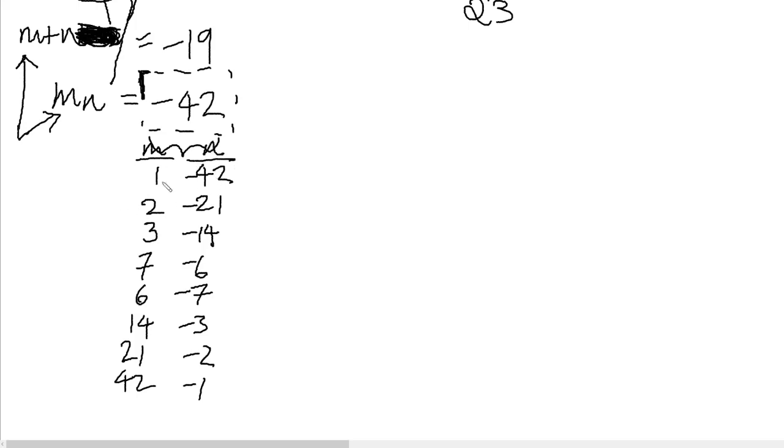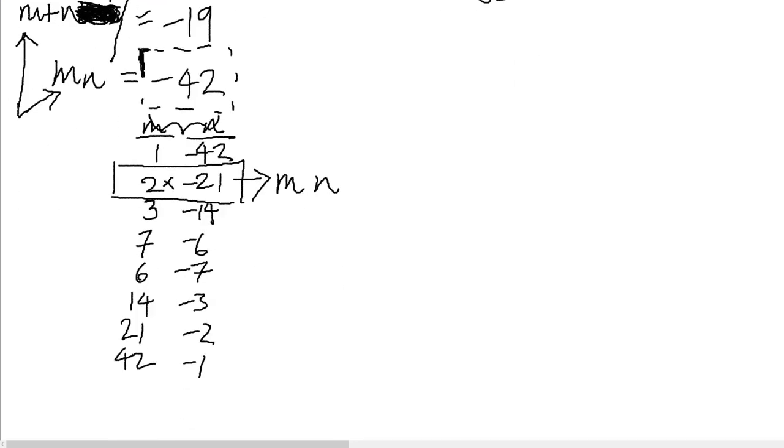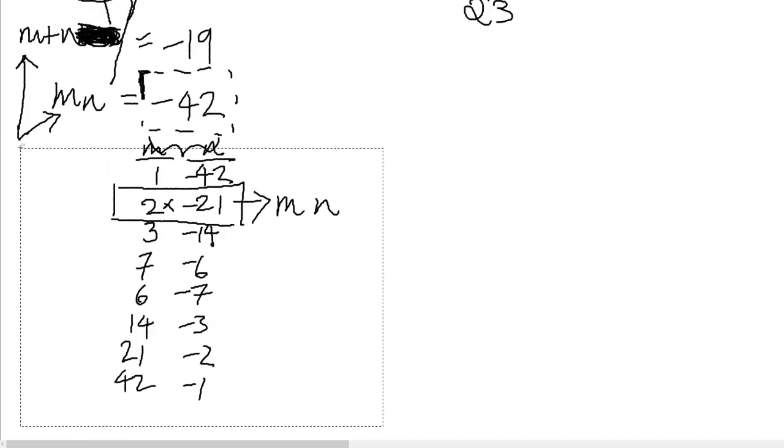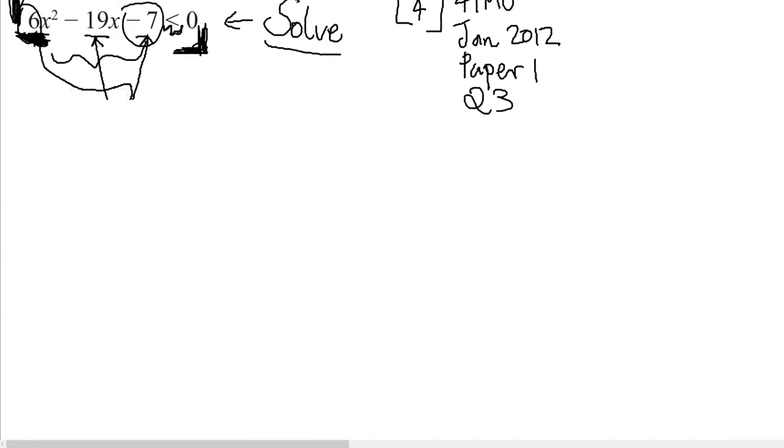And if you noticed that 2 plus minus 21 is minus 19, and 2 times minus 21 is minus 42, then good on ya, because this is a set of values of M and N that we can use to deal with the quadratic expression in the question. So how do we actually apply this?